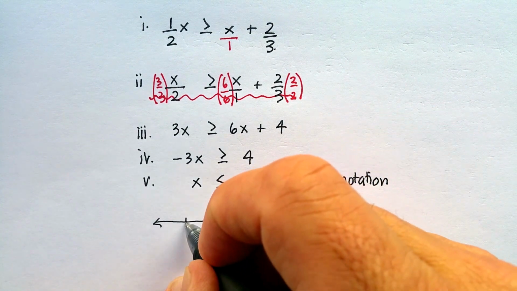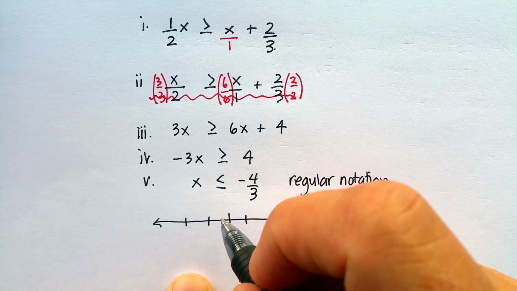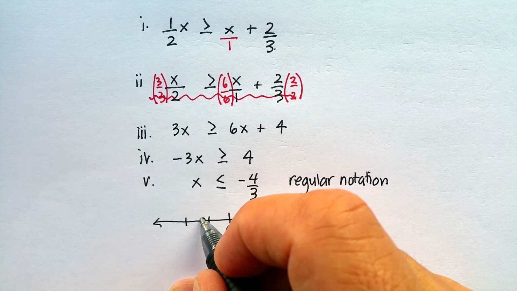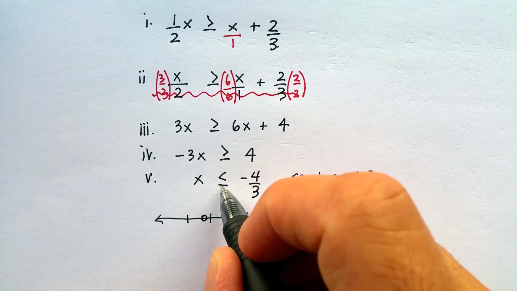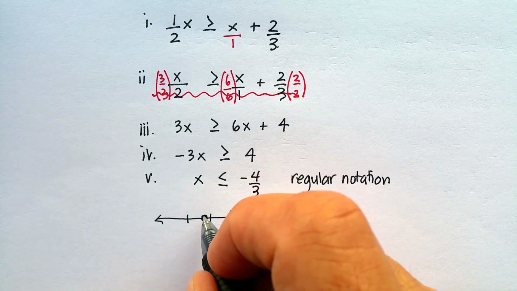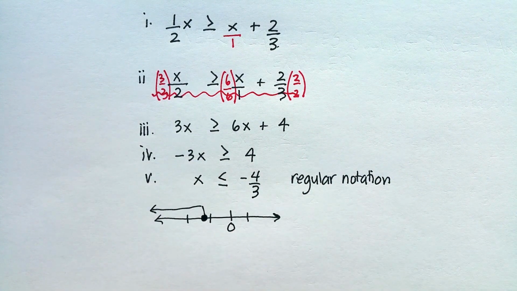I'm going to go 1, -1, -2. So -4/3 is a little bit greater than -1. And again, I'm going to go right about there. It doesn't really make any difference where you put it as long as you label it, right? There is an equal sign, so I'm going to fill it in. And I'm going to follow the direction of the arrow, and that's in that direction here.